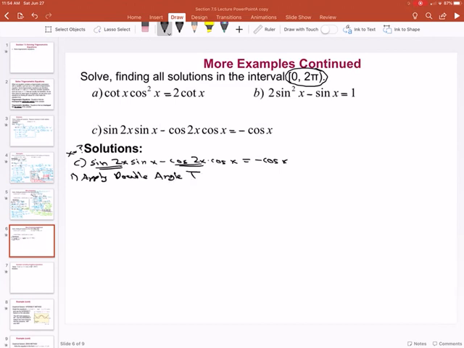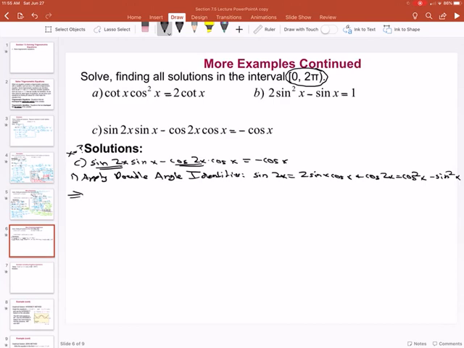Now again, we should know these, not look back at our identities. Sine of 2x is equal to 2 sine x cosine x. And cosine of 2x is equal to cosine squared minus sine squared. So let's apply those.